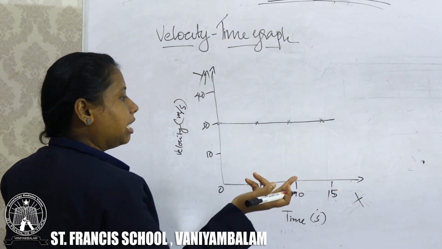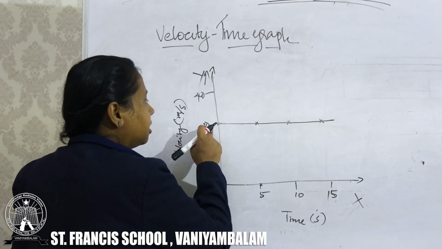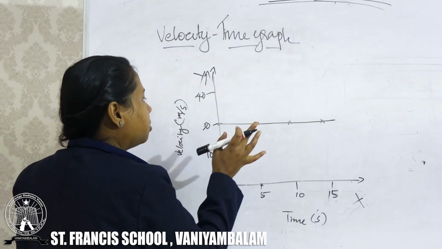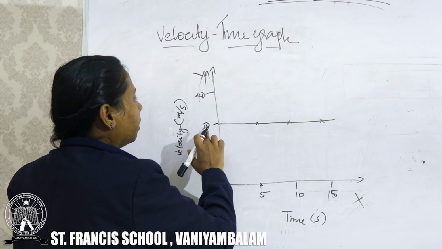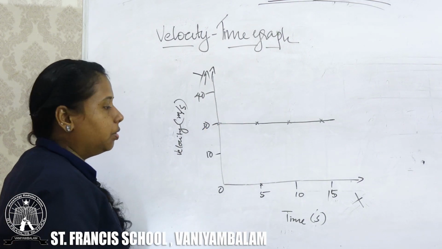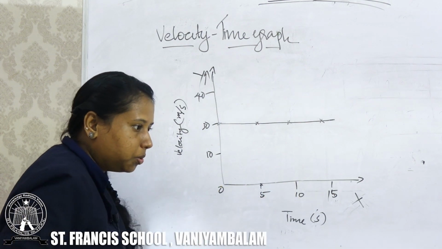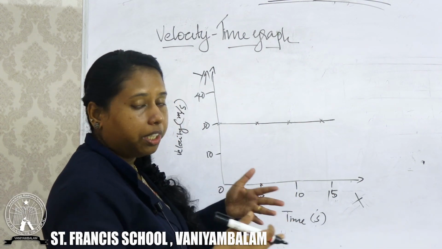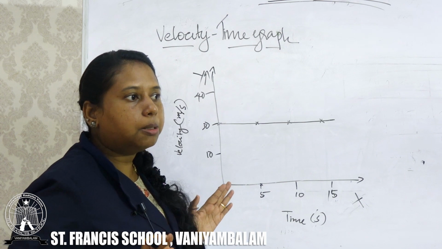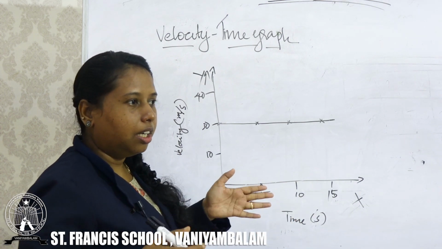Why does it show like that? The speed in the speedometer does not change, it does not vary in value. So it always keeps 30 meter per second. Suppose you are moving in a car with this same speed, in a straight line.